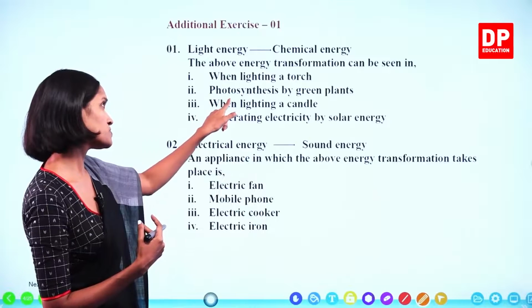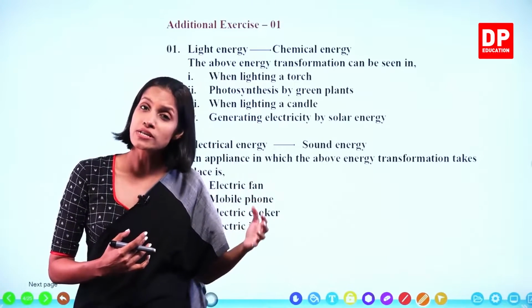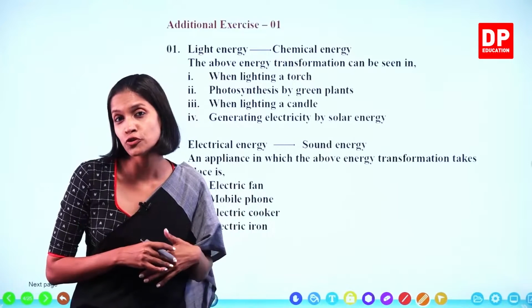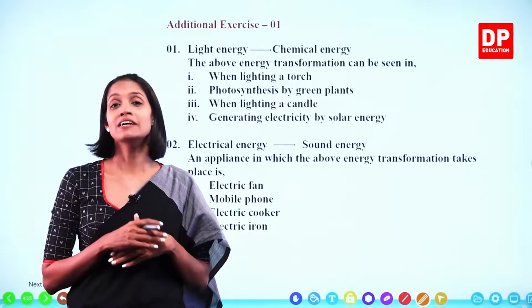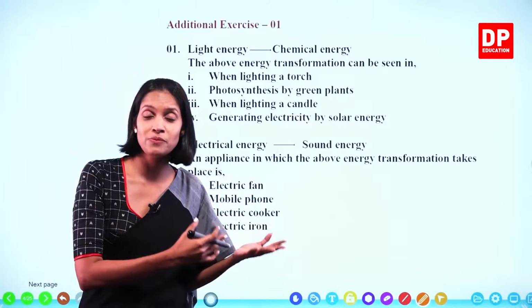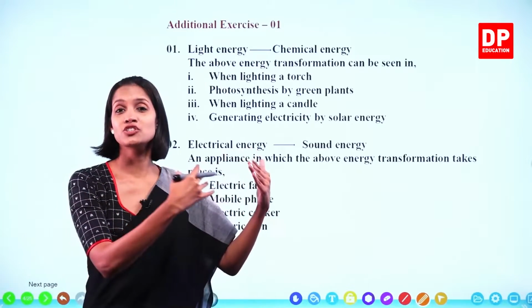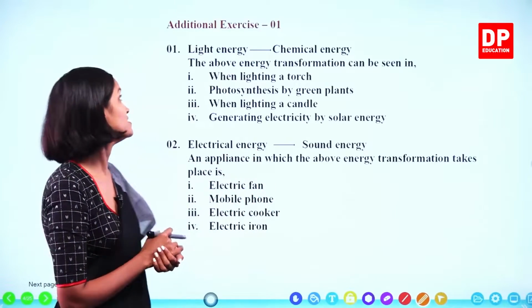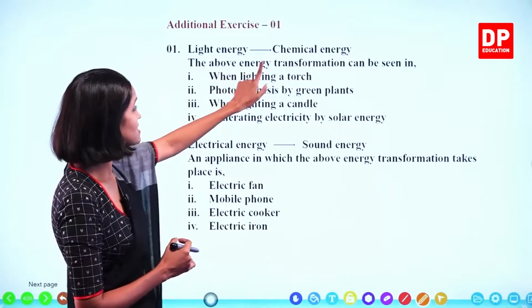Now, during the photosynthesis process, green plants produce food. What type of energy is contained in food, children? You all know that is chemical energy, right? So, during photosynthesis, when food is produced in plants using the sunlight, the light energy is converted to chemical energy. Light into chemical energy. So, the second answer is correct.